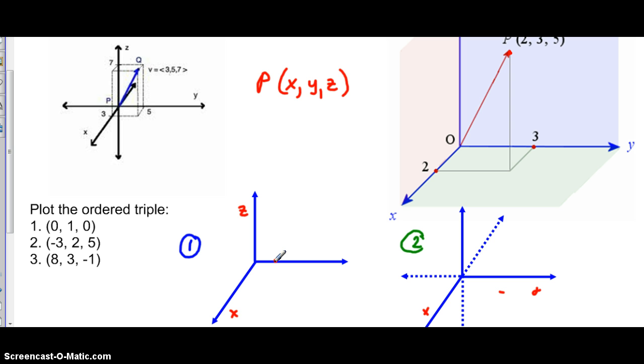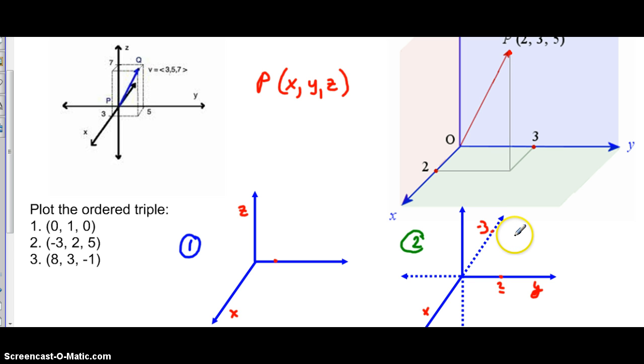Okay. For number 2, we have (-3, 2, 5). For our x value, we're going 3 units in the negative direction, 1, 2, 3. And again, our dotted line represents the negative direction. Then we'll be going parallel to the y-axis here. Let's redraw that. And so we have 2 units, 1, 2, in the y direction. And it should match up here, the 2 units here.